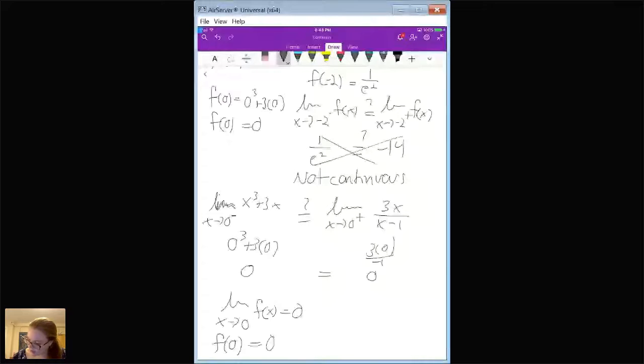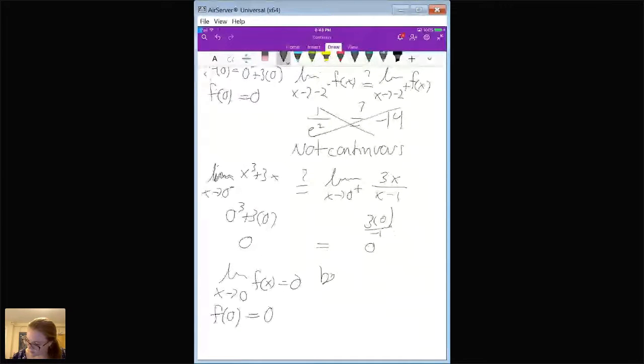So because the limit as x approaches 0 of f of x equals f of 0, it is continuous at that point. Continuous at 0. Great.